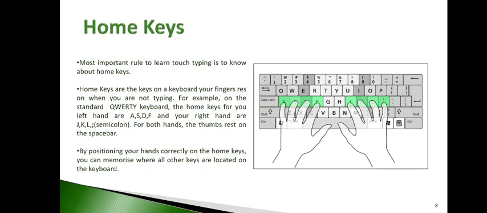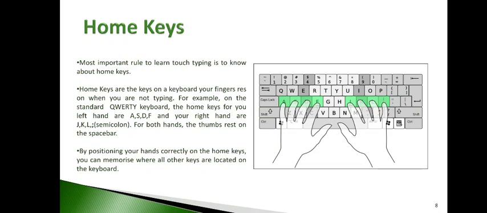Let us see. Home keys are the keys on a keyboard your fingers rest on when you are not typing. So this is the very first rule, how you have to place your fingers on the keyboard. The initial position of your fingers should be on the home keys.